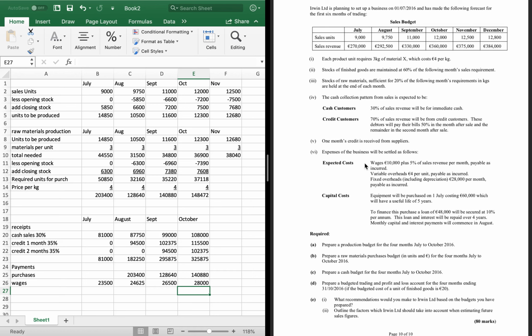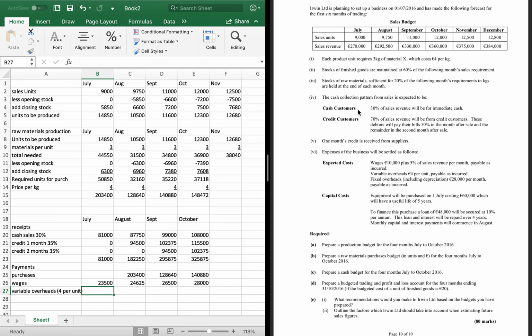Okay, variable overheads, 4 euros per unit payable as incurred. This one should be really easy. It's going to be 4 euros per unit. So it gives you the units here. So 4 by 9. Sorry, it's not these units here.